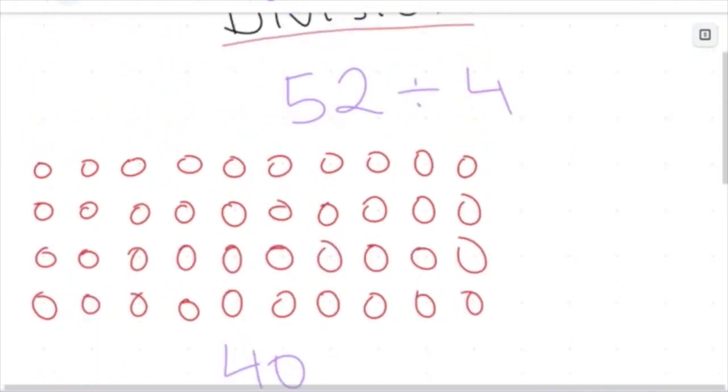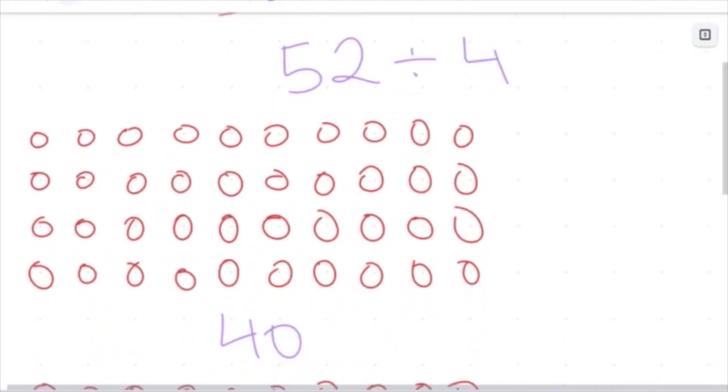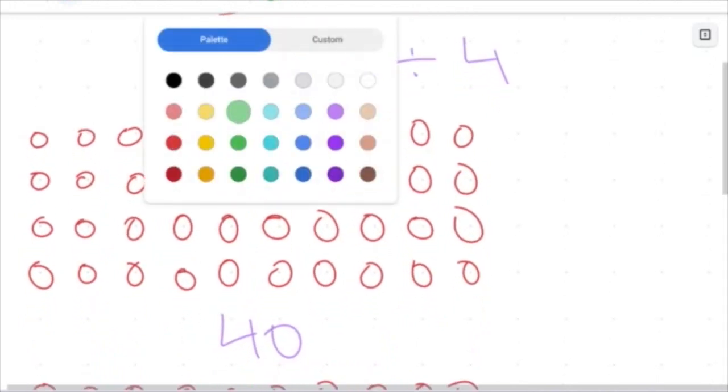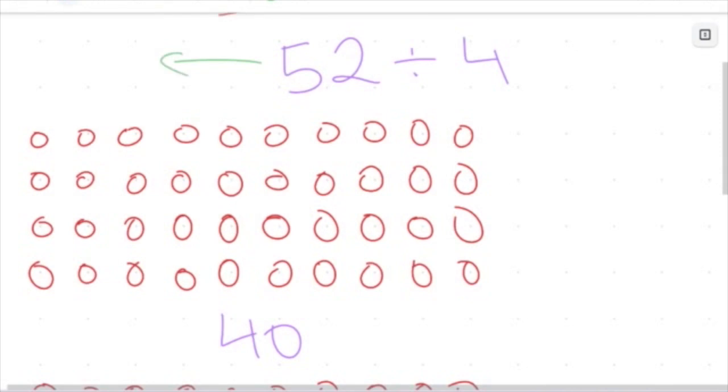So my 52, I've just split up into 40 plus 12. And I've split this up into smaller numbers because if I know my times tables, I should know how many times 4 goes into 40 as well as 12.